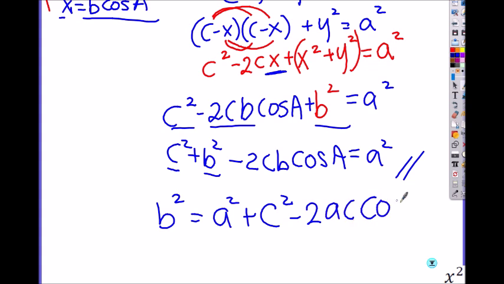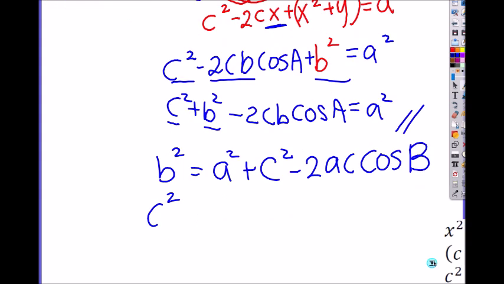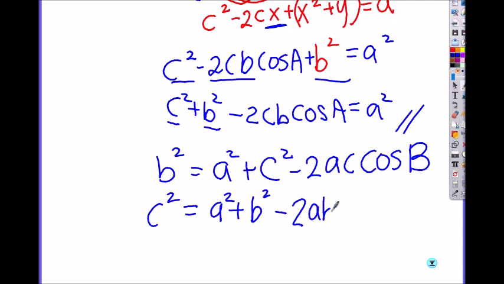And it will be cosine of the corresponding angle to that side, which is B. Go ahead and try to write what C squared would equal, guys. I know it's already written on your handout. C squared now will be equal to A squared plus B squared minus 2 times these two multiplied, AB. It's the law of cosine, so you write cosine of the matching angle, C.